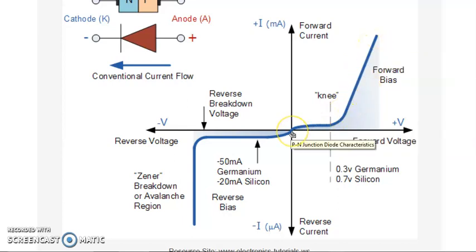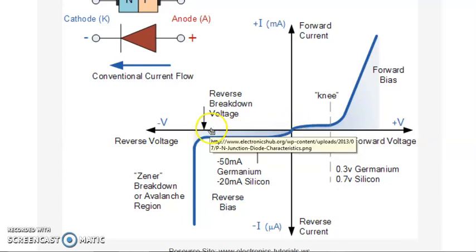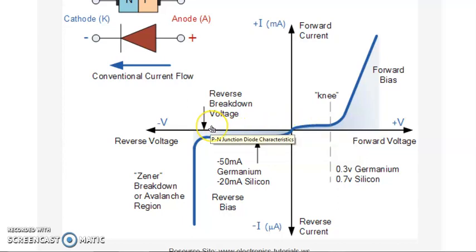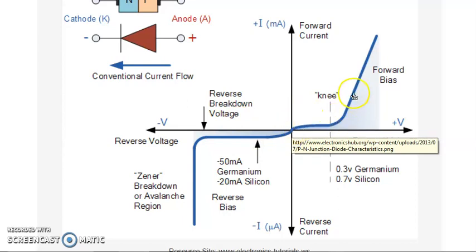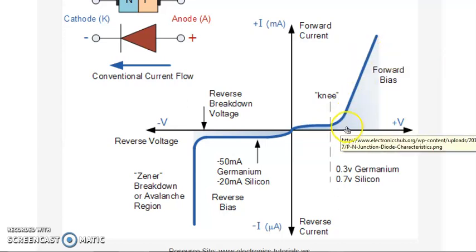But in the other case, when you change the direction of the potential or you connect in the reverse bias, very little current will flow, and this current is because of your minority charge carriers. If you recollect your experiment on PN junction characteristics in the physics lab, in the forward bias, milliamps of current were flowing even for less than 1 volt.